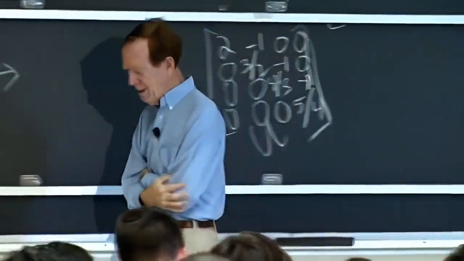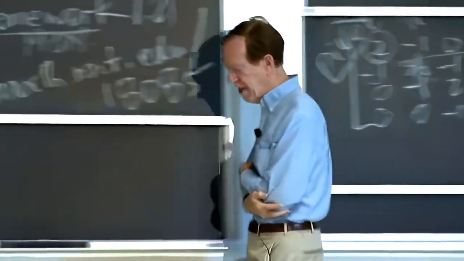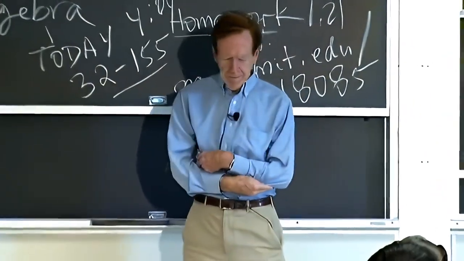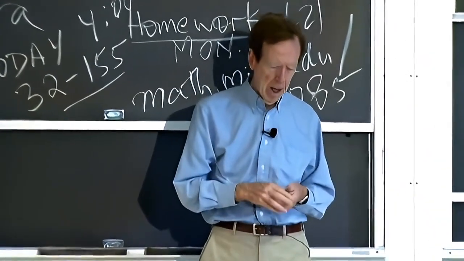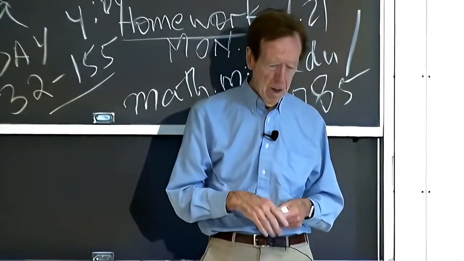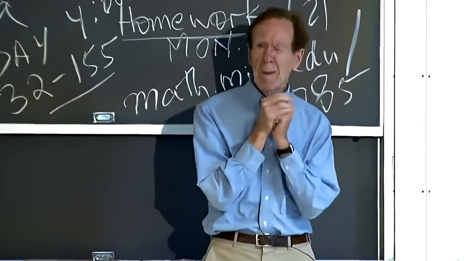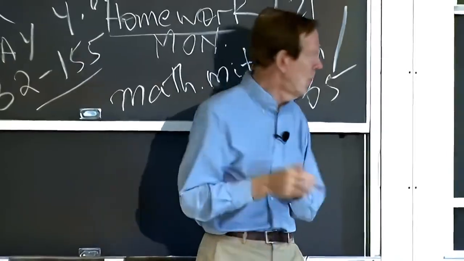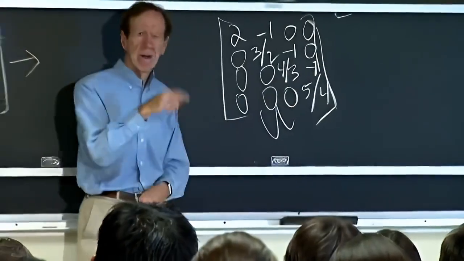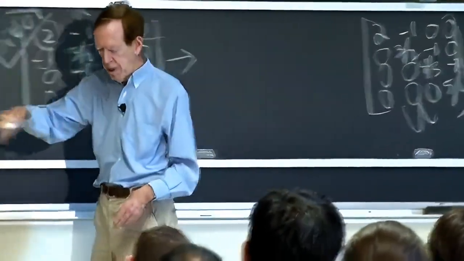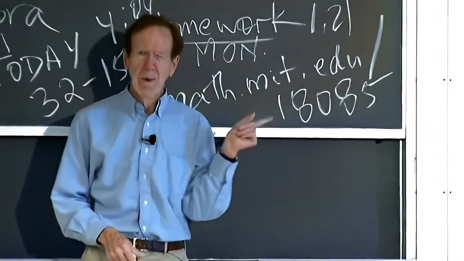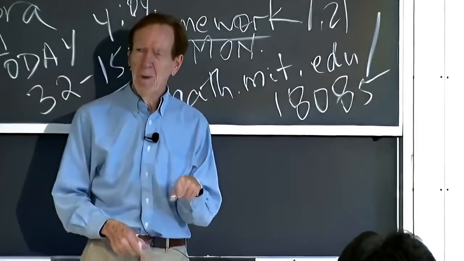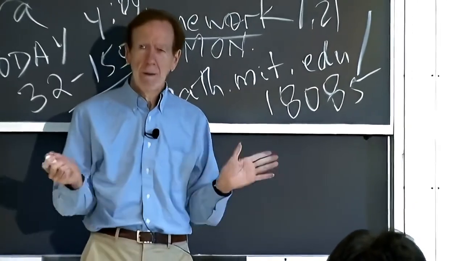My friend Alan Edelman told me something yesterday. MATLAB computes in floating point. So 4/3 is 1.3333, etc. So MATLAB would not, when it does that multiplication, get a whole number, right?